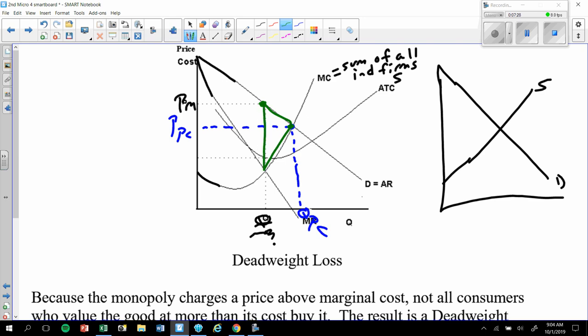Deadweight loss is where they are restricting output, and by doing so, society is losing out. What is society losing out here? Surplus. They're losing surplus. It's inefficient, and society is losing out. Consumer surplus, producer surplus. That's our deadweight loss.